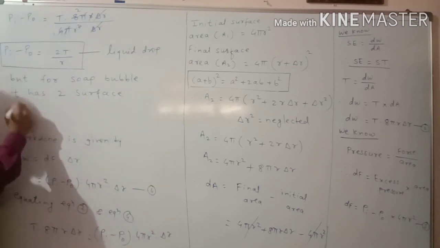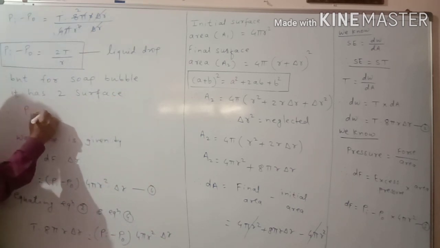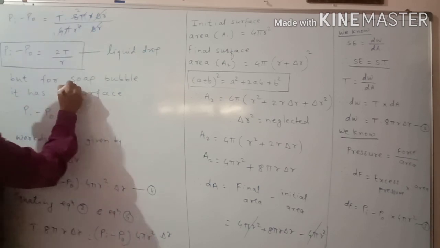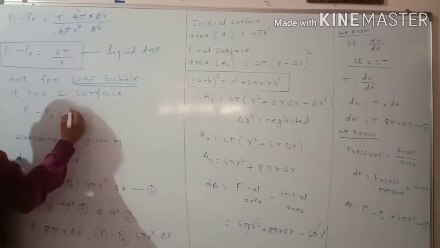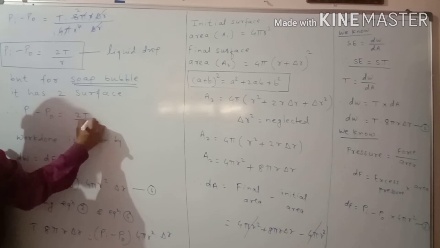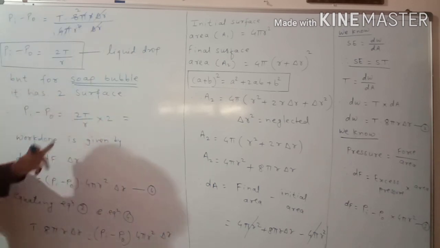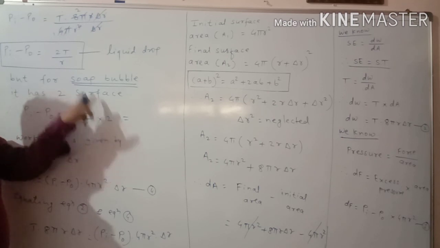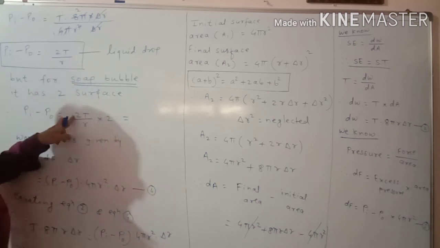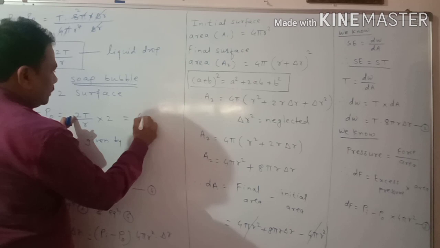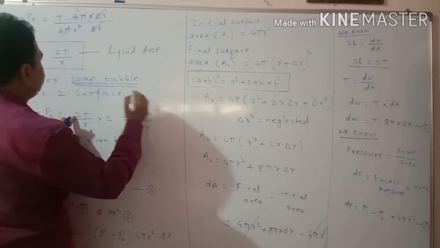Therefore the excess pressure for a soap bubble will be 2T by R multiplied by 2. So we get 2 multiplied by 2, that is 4T by R.